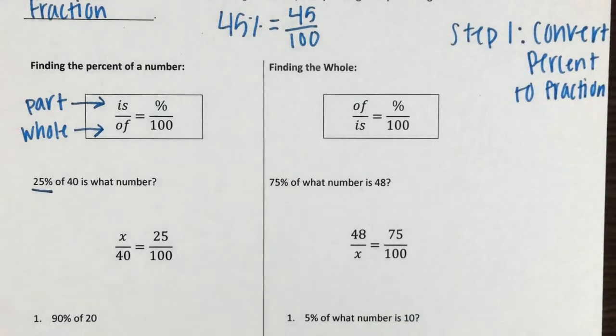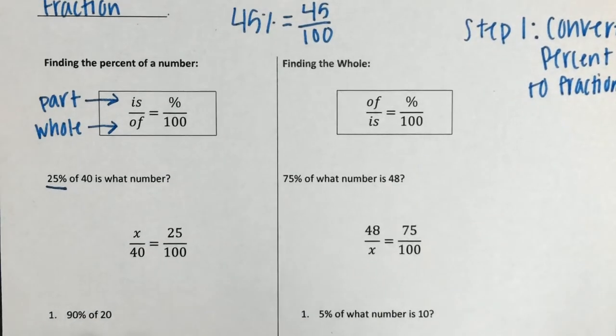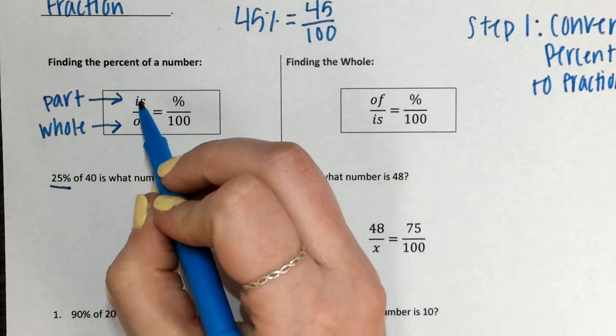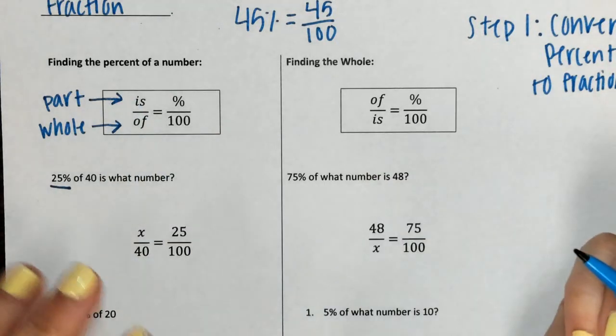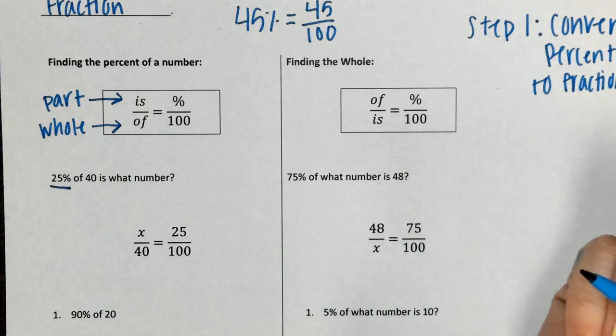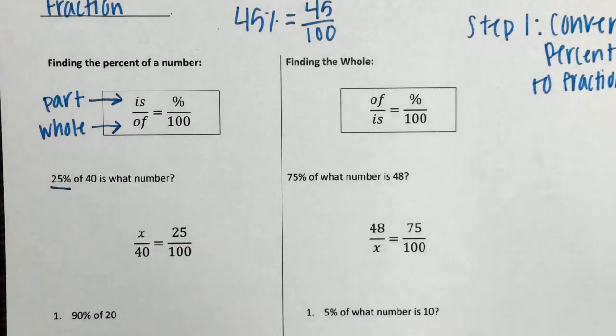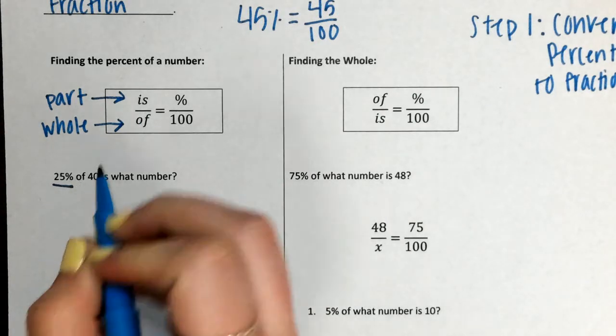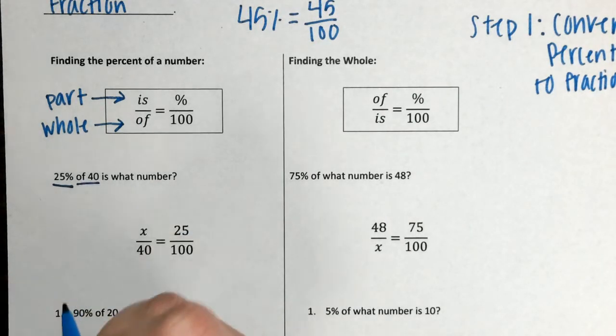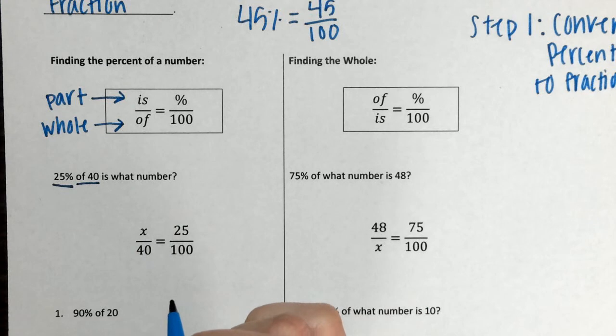My second step is to figure out what I am missing. Am I missing is, or am I missing of, or am I missing the part or the whole? For these examples, I'm going to look at it as is or of. So it says 25% of 40. Because 40 comes right after of, that means our of is 40.